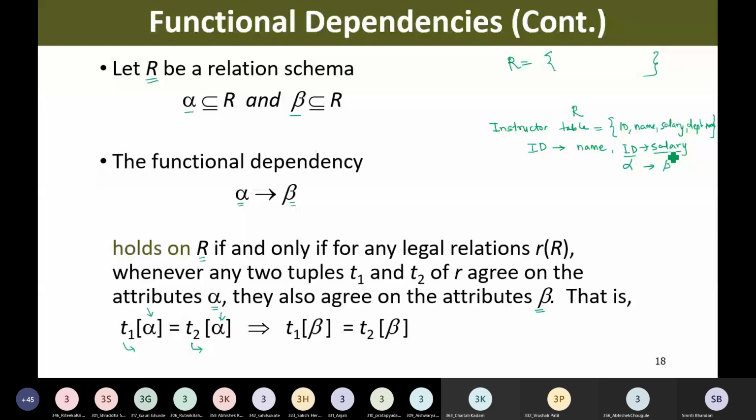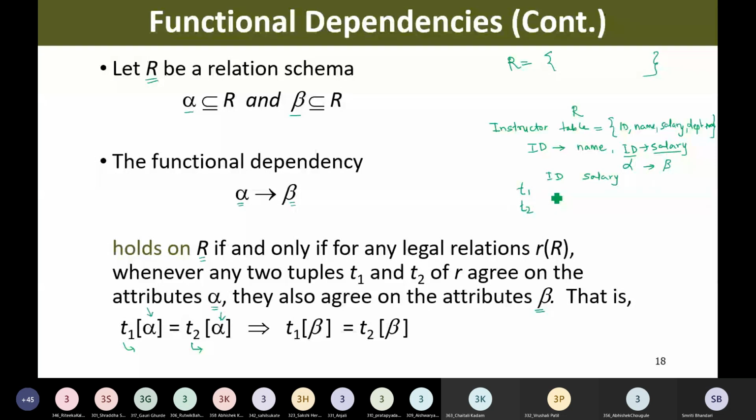Now, if I say that salary is functionally dependent upon ID, or ID determines salary, then if I am having 2 tuples, say T1 and T2, with attributes ID and salary, those are functionally dependent, ID determining salary.